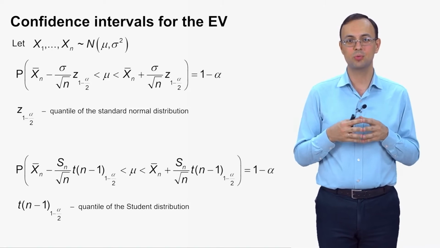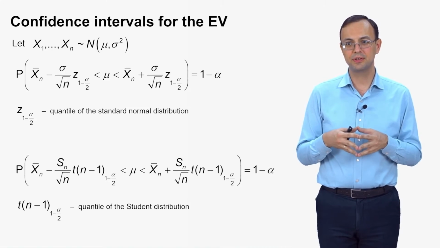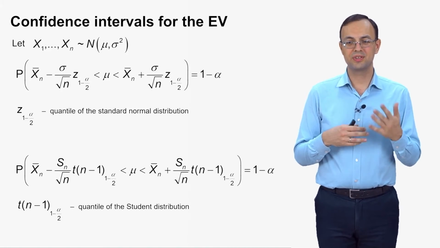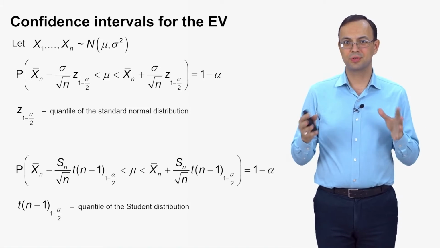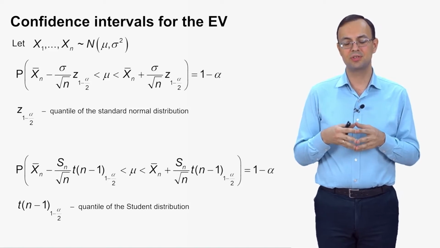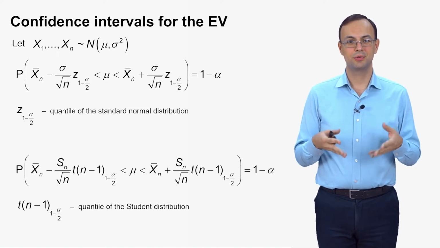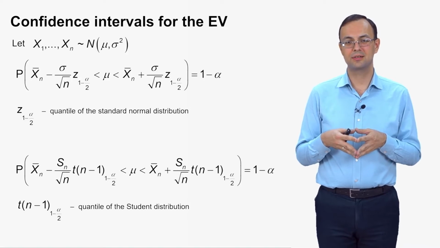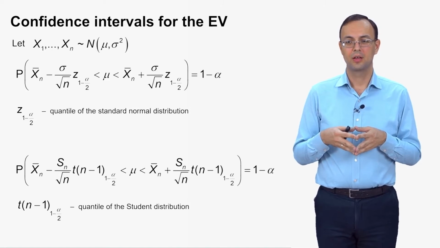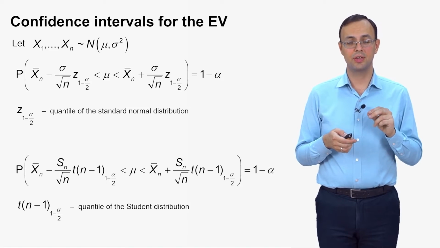So when you need the quantile, like here, to construct a confidence interval, you can open a table or you can Google for a table of the quantiles of the Student's distribution, and you can find the quantiles using this table. So these are confidence intervals for the expected value.